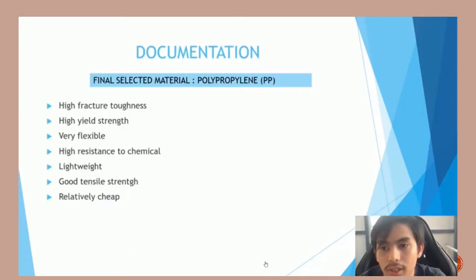Next, for the documentation, the final selected material is polypropylene. Polypropylene must be used efficiently to justify its higher fracture toughness and higher yield strength. It's also very flexible, which makes it easy to mold in different shapes and ensures that it can take significant damage prior to breaking.